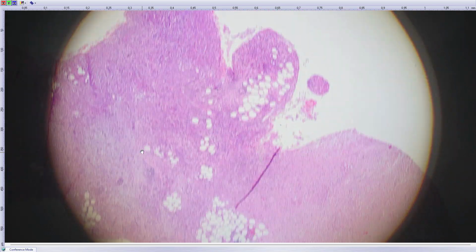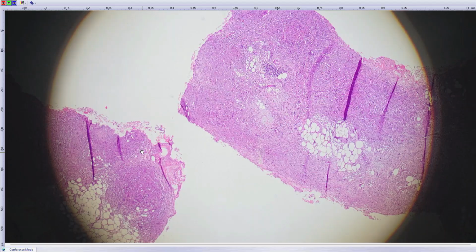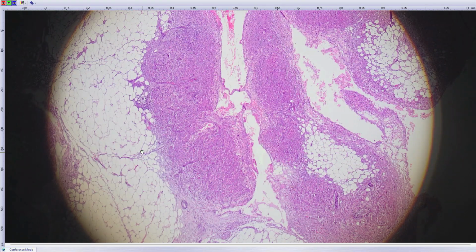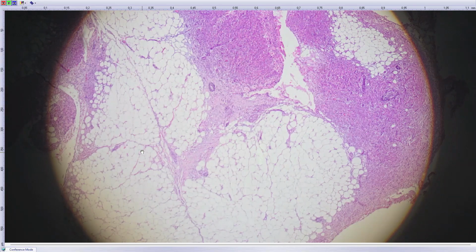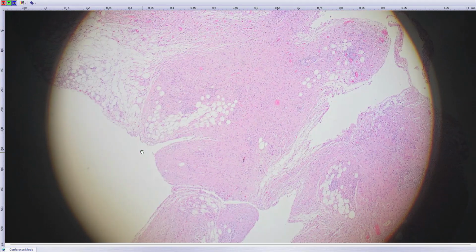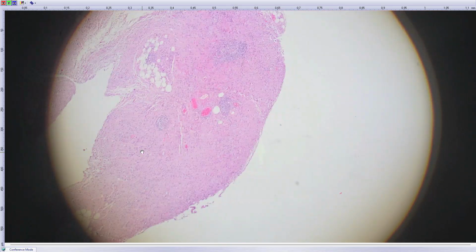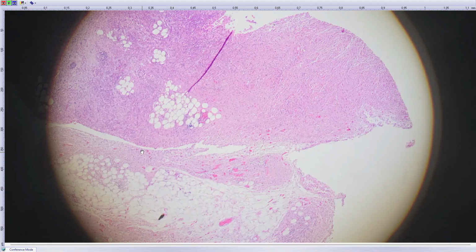They didn't know what it is, so they did a diagnostic excision of one of the nodules on the peritoneum, and it was sent to me. What we see here are just fragments from peritoneum.